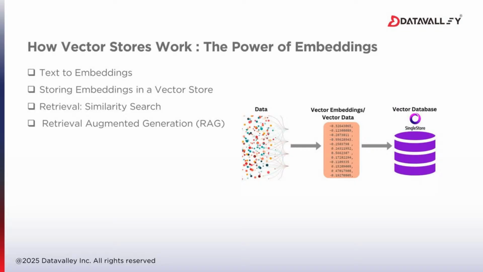Man is also related to king, right? And woman is also close to queen. So if we see here, embeddings capture not just meaning but the relation.